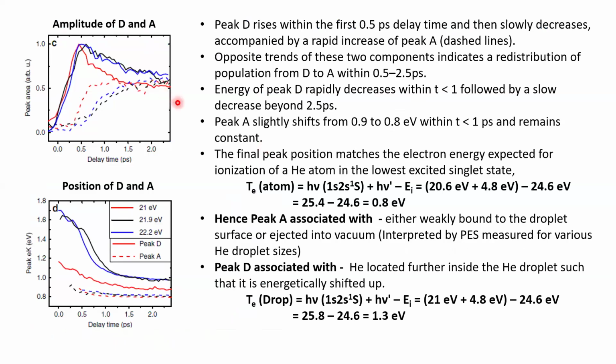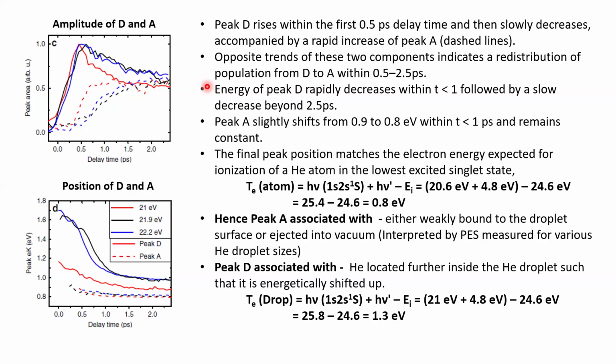Further, by fitting the spectra, two further plots are made, which provide information about the amplitude of these D and A peaks and their position. So the first plot represents the peak area versus delay time, and the second plot provides information about the position corresponding to the various delay times.